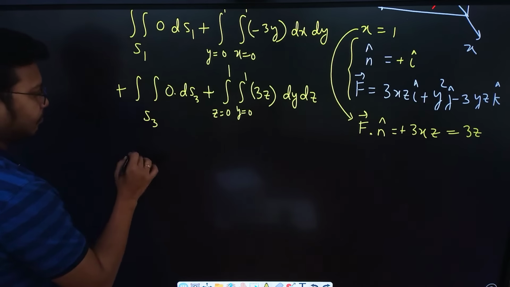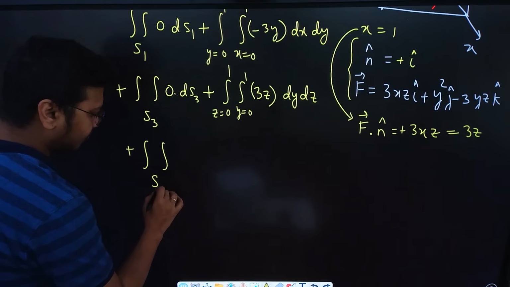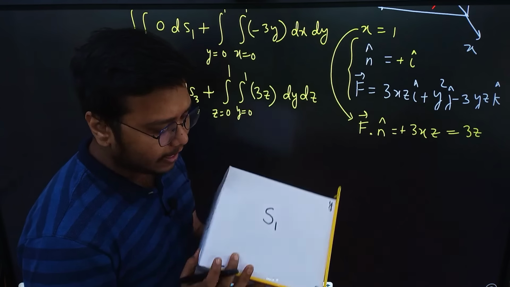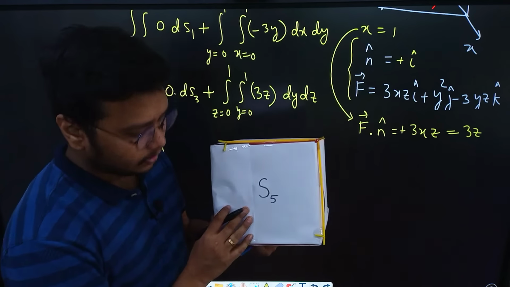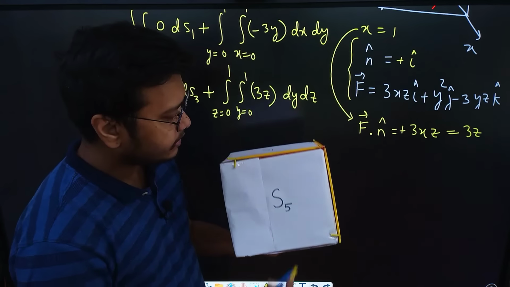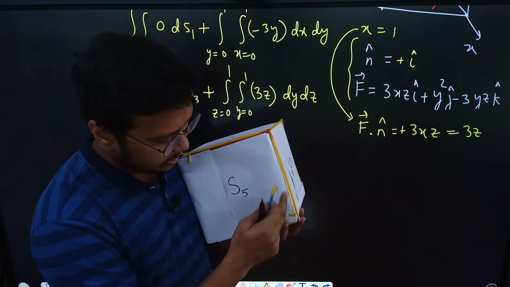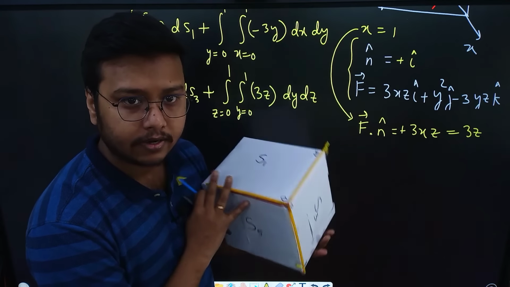So plus double integration over S5. Okay, so again take a look at S5. So this is the S5. You can see it's connected with the x-axis over here, and it's connected with the z-axis over here, right?